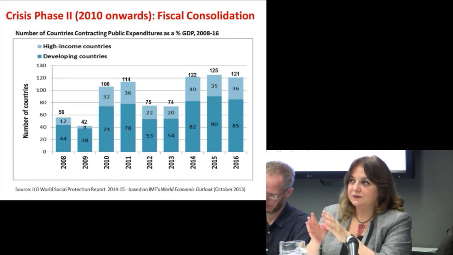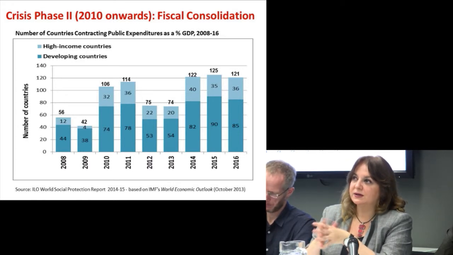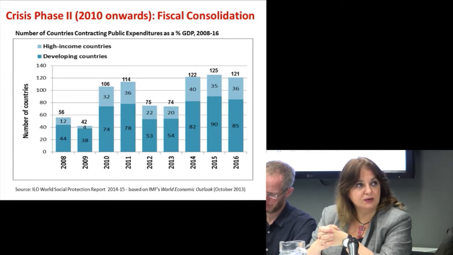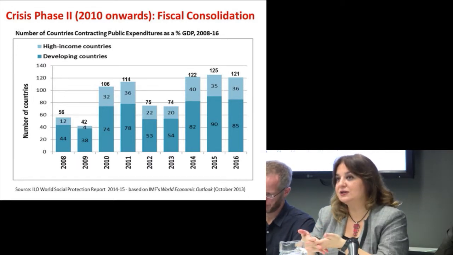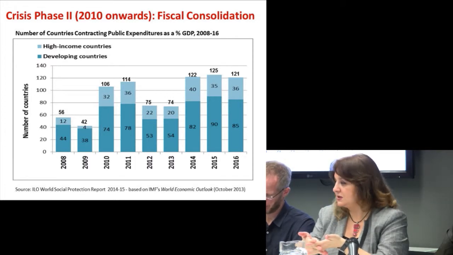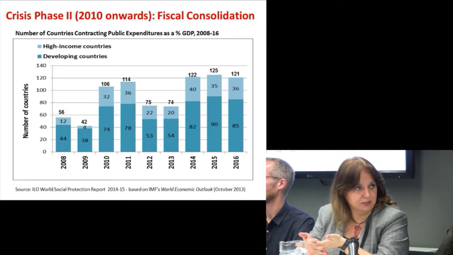And here, the two bars signify, the lighter bar means higher income economies, and the darker bar means developing countries. And the very interesting thing is that we get all this press attention on fiscal consolidation in European countries mostly, but this is not the case. Actually, the majority of countries are developing countries, where this is not even in the news.